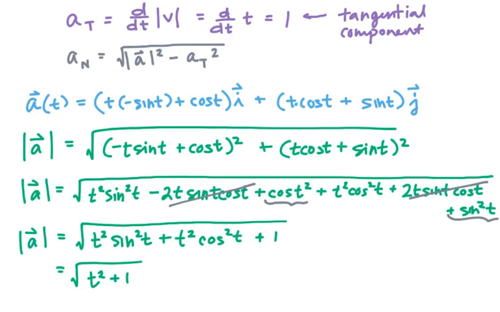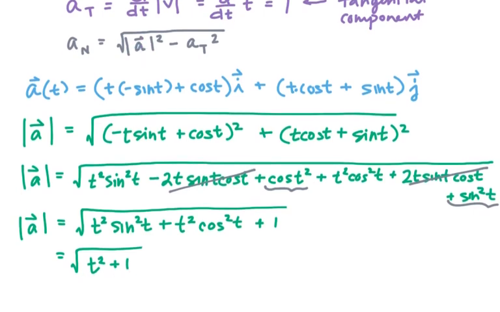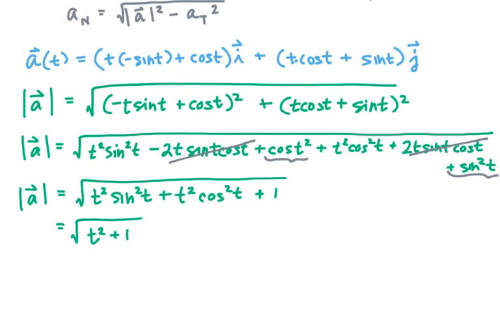So if I want to calculate a sub n, I'm going to plug my 1 in here and square it, and then I'm going to plug in what we've just calculated, the magnitude of my acceleration vector, which is the square root of t squared plus 1. That's going to go in there, and I'll square it. So here we have a sub n, our normal component for acceleration, is the magnitude of a squared.